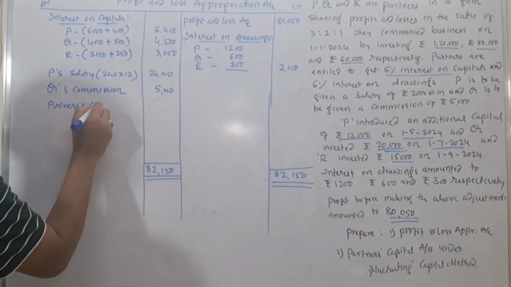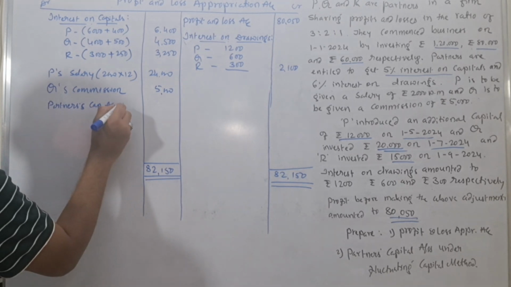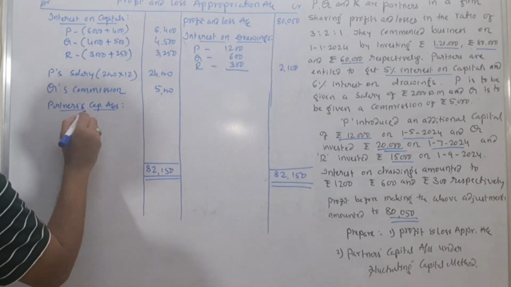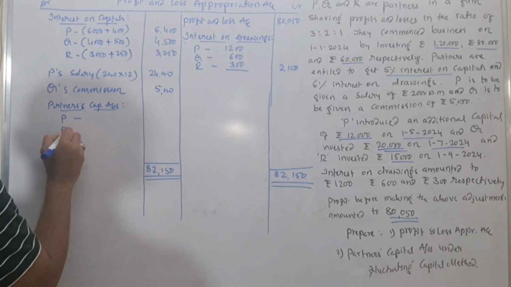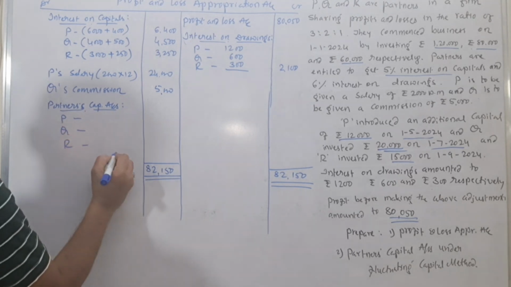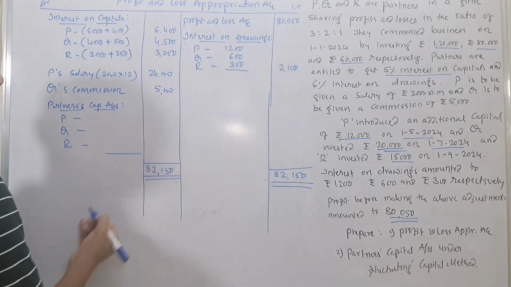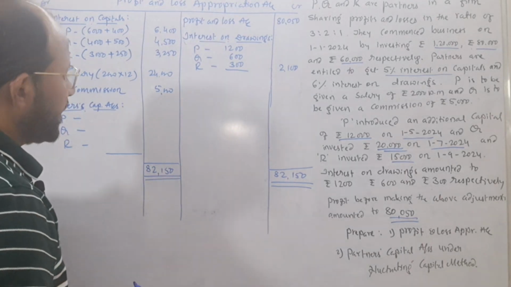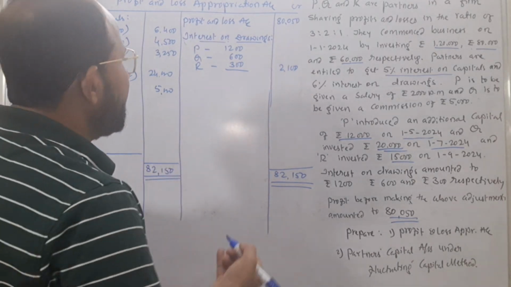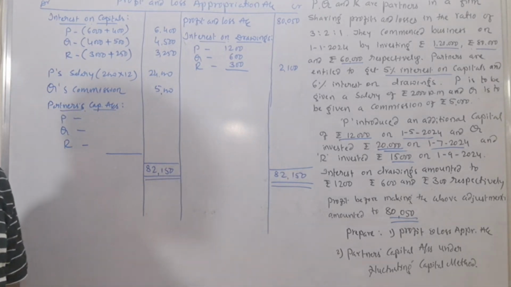Partners' capital accounts. Capital accounts P, Q, and R. Just to check the total differencing figure here. Here on the credit side, amount is heavier than the debit side.